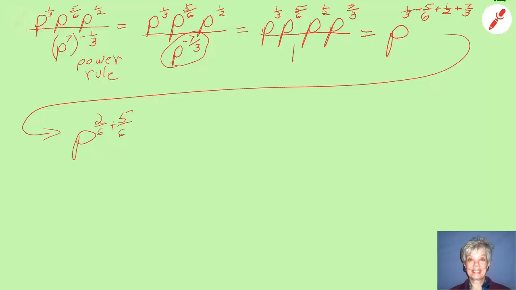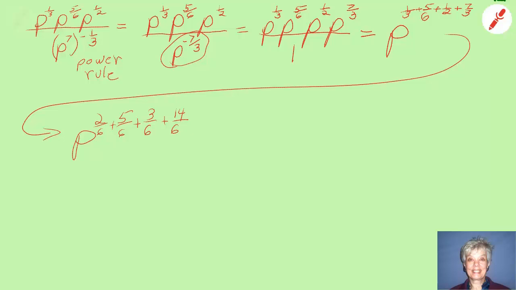I'm going to take 1/2 and change it to 3/6, so I'll have plus 3/6. Then I'll take 7/3 and I'll change that to 14/6. All right, this is what I now have.